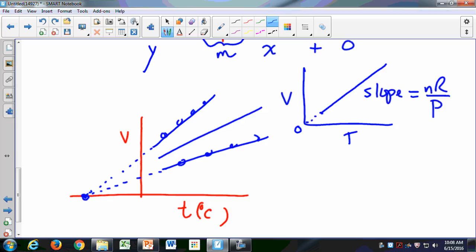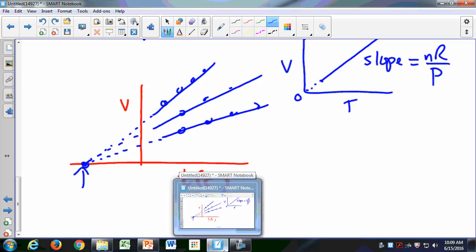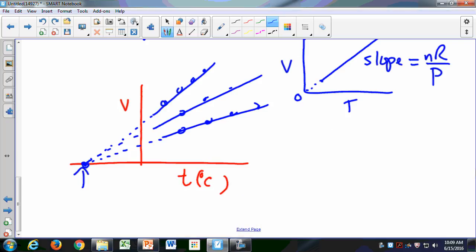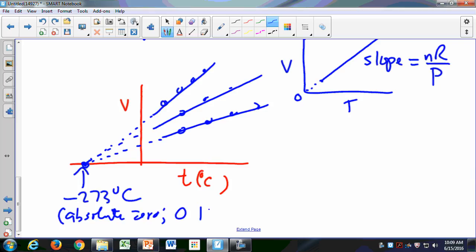All of these isobars would all intersect down here, at an intercept of negative 273 degrees Celsius. So that would suggest that the volume of a gas would be extinguished when we get to negative 273 degrees Celsius. And that is defined as our absolute zero, which is what you would call 0 Kelvin.